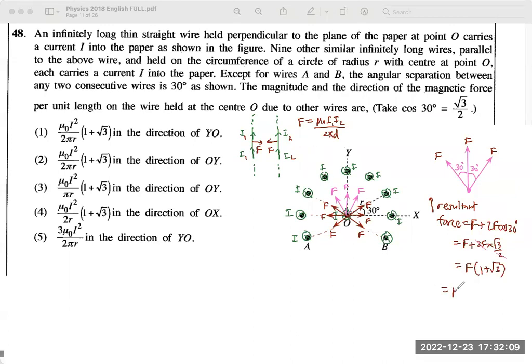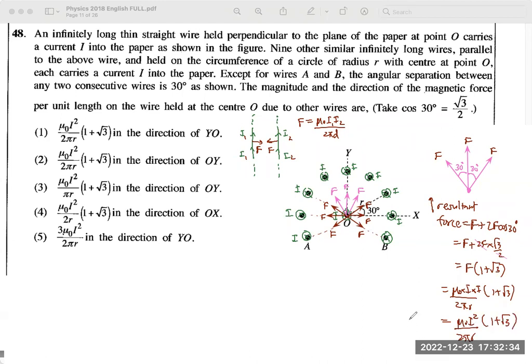So this time it's going to be mu naught into I, the current, and the distance between them is what, people? R, no? So 2 pi r into 1 plus root 3. Therefore the final answer is going to be mu naught I squared over 2 pi r into 1 plus root 3. That is how you have to approach this question.